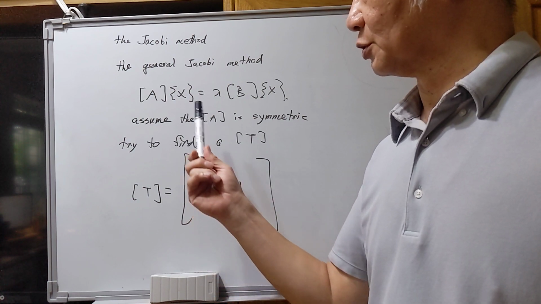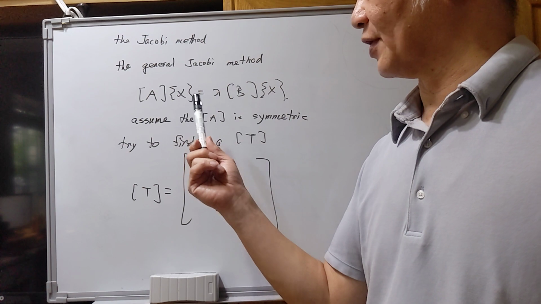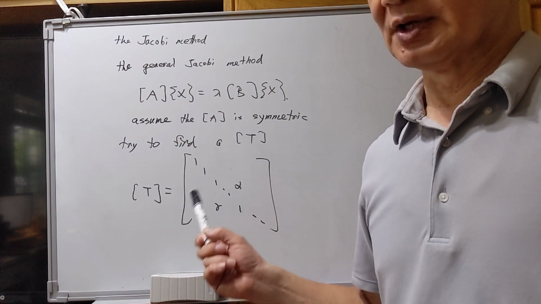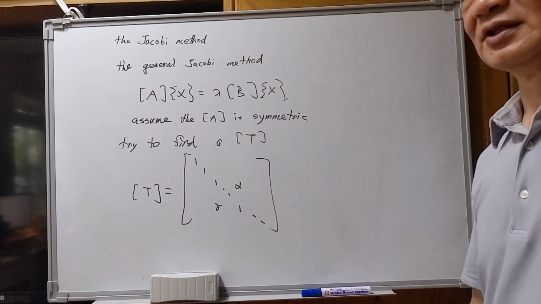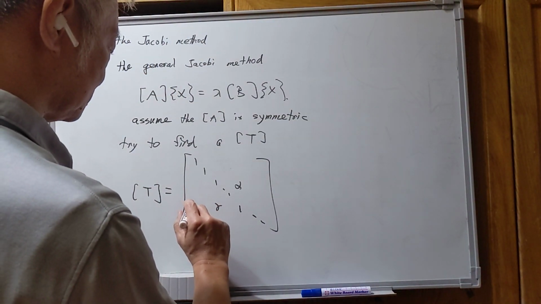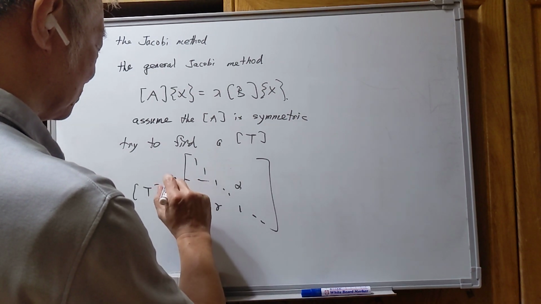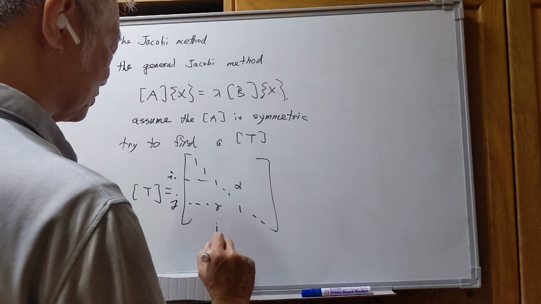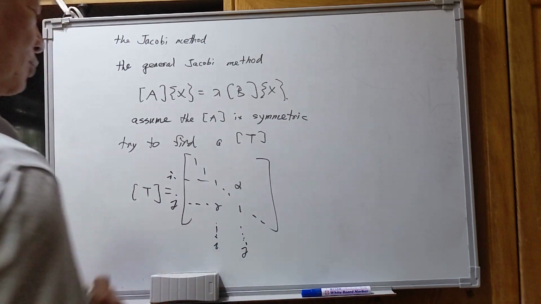But for the general Jacobi method, we will use two variables, alpha and gamma, and they are two independent variables. And that's the jth row, that's the ith row, and that's the ith column, and that's the jth column.